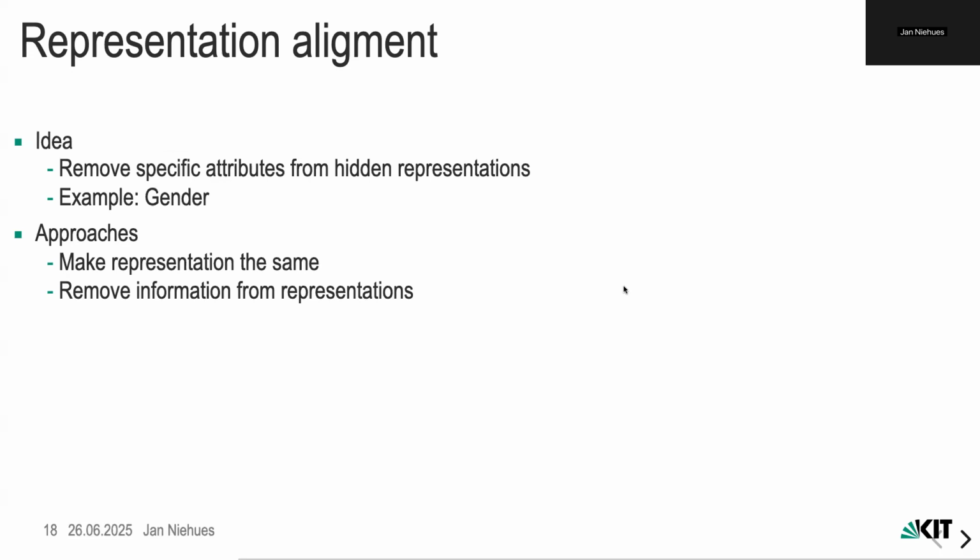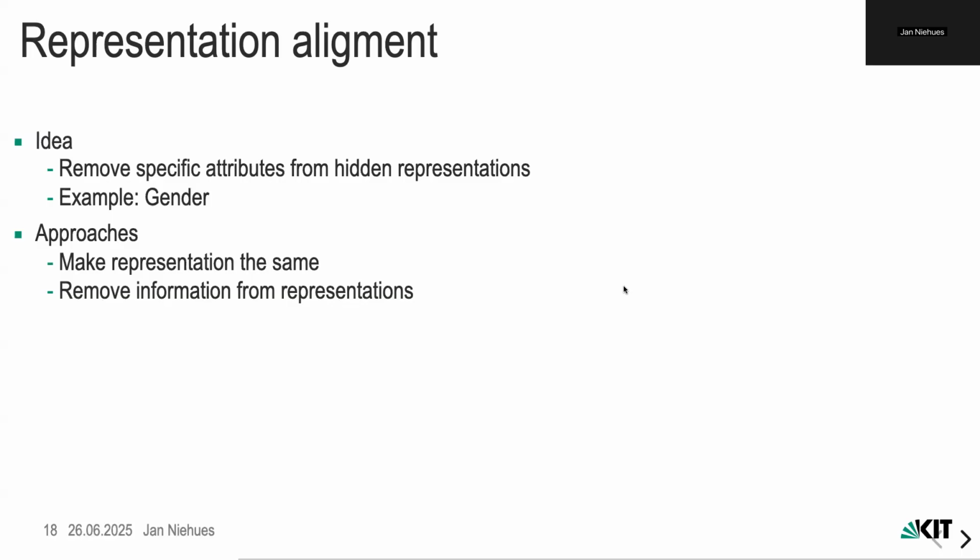The first idea is that we are removing specific attributes of the representation. That can be language, as we had before. Other use cases can be, for example, the gender. If you know that gender is not important for you, or that you can easily be good on both types of genders, you can also remove gender.